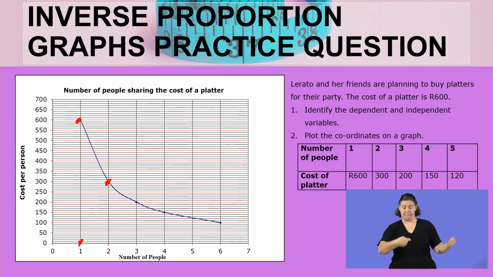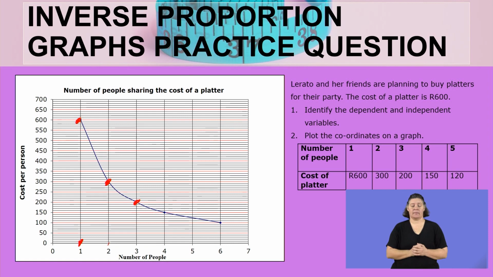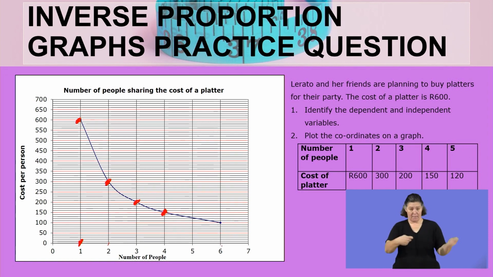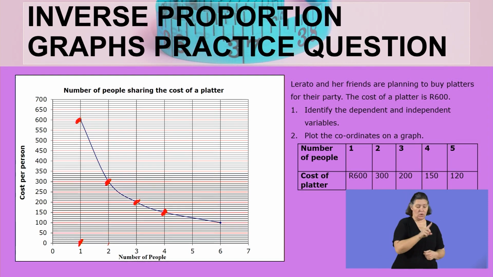The third one, 3 and 200 rand. This is 3. The cost is 200 rand. This is where the 2 meet. The fourth one, if they are 4, the cost is 150. This is the point where 150 meets 4. And finally, if they are 5, then we will have 120.